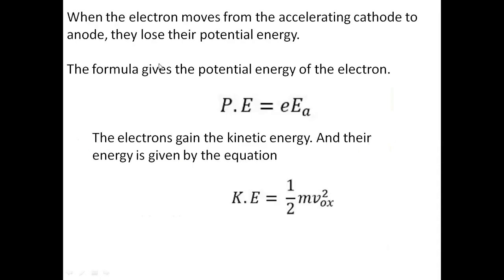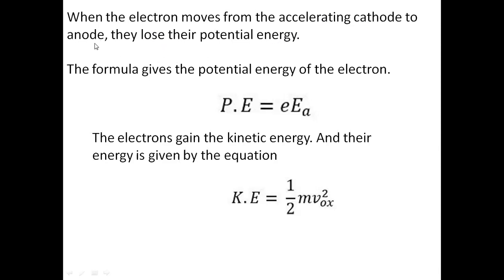First, we will see that when the electrons move from the accelerating cathode to the anode, they lose their potential energy. These electrons are generated from the electron gun, and from the cathode they travel through the accelerating anodes and focusing anodes.